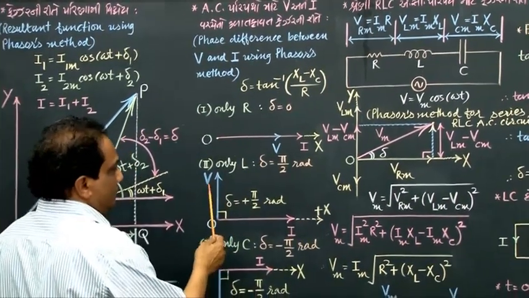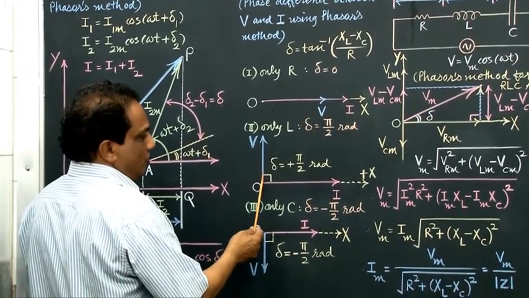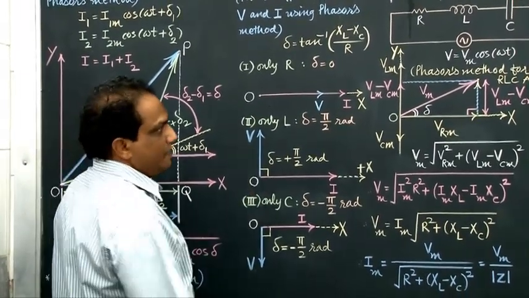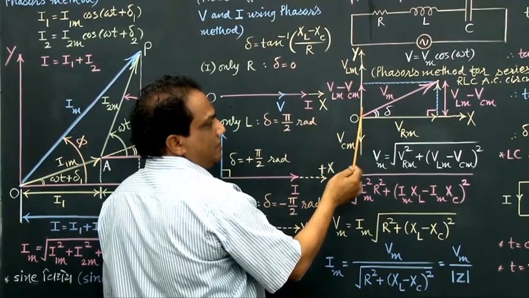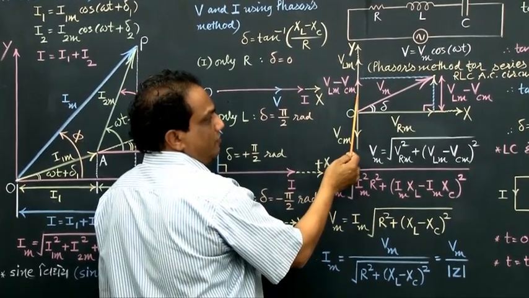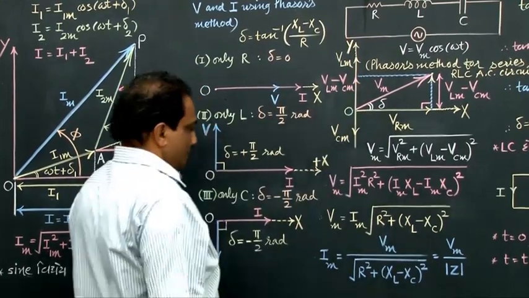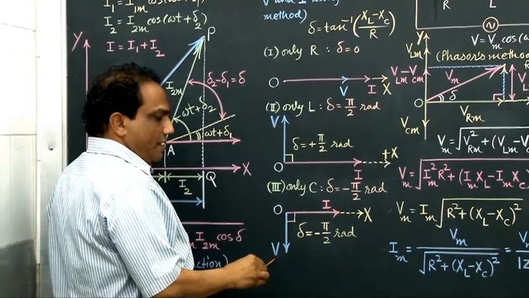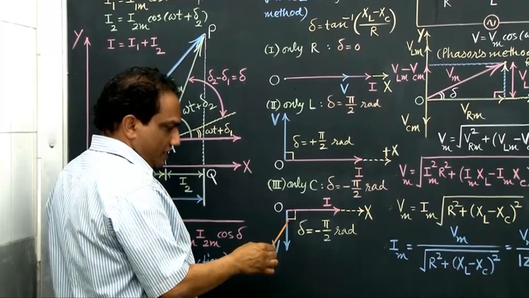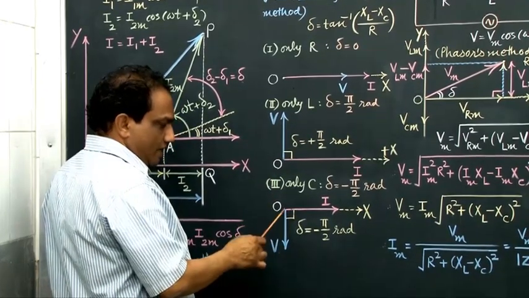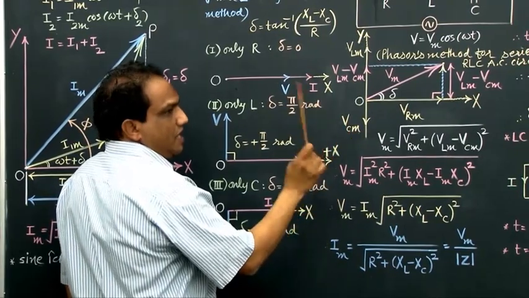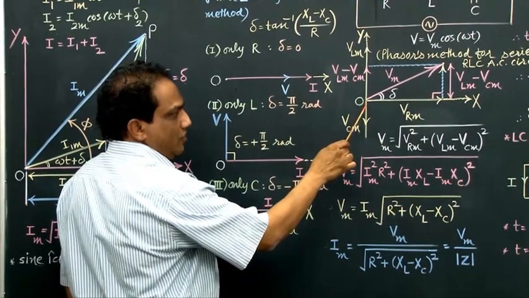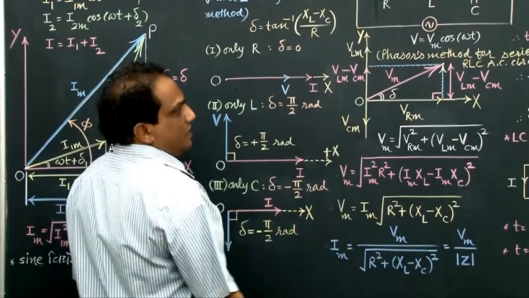For the inductor, the voltage phasor should be shown along the positive y-axis. So maximum voltage across the inductor is shown by a phasor along the positive y-axis. Then the voltage phasor for the capacitor should be shown vertically downwards, that is along the negative y-axis. That's why maximum voltage across the capacitor I have shown by a phasor along the negative y-axis.